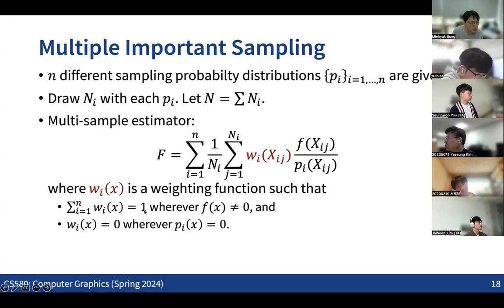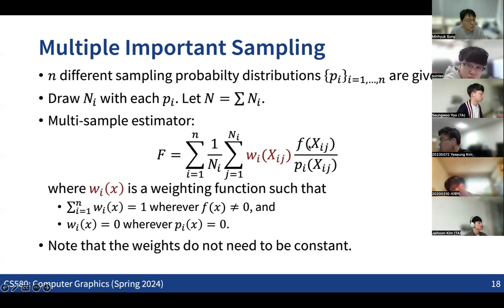This is the condition, and the weight function should also be 0 wherever the probability becomes 0. If we can define this weight function, then we can define this multi-sample estimator. The good thing about the Monte Carlo estimator that we saw in the previous lecture is that it is an unbiased estimator, so its expected value is the same as the true value.